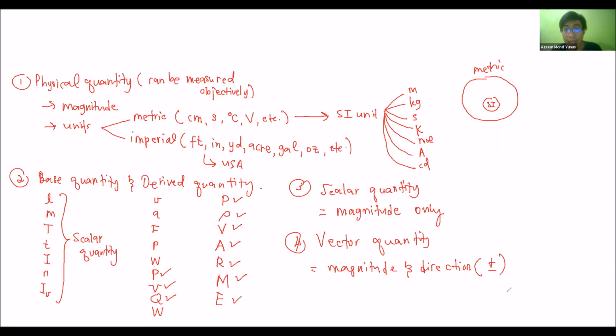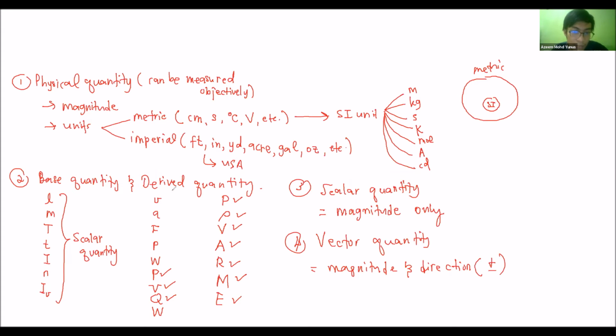It looks like it has a positive or negative direction, but actually it's just above zero or below zero. That's why in terms of SI unit, we choose the Kelvin scale because Kelvin doesn't have a negative sign. So it makes the physical quantity a scalar quantity.